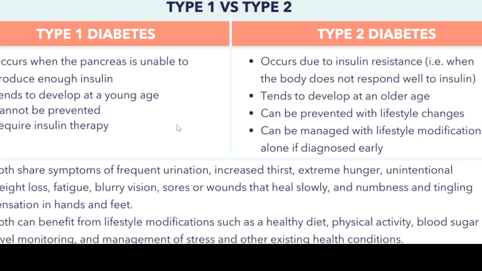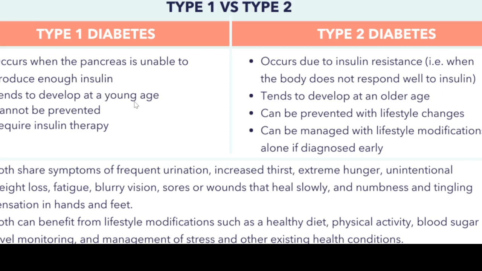All right, let's do some comparison here. That's the end of your notes, right? Okay, let's look at this chart. There are two types of diabetes, type 1 and type 2. Type 1 diabetes occurs when the pancreas is unable to produce enough insulin.